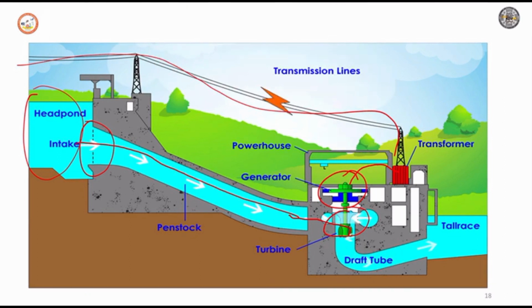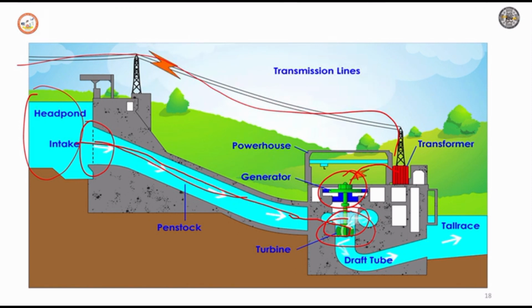Usually the water from the higher height is passed through the penstock, as you can observe here, and it is controlled by the valves in the water turbine. The potential energy stored at the high altitude is converted into kinetic energy. At the end of the penstock the turbine is connected, and the propeller or blades are turned by the moving water. This spins the blades, which in turn spins the generator, because it is coupled to it.